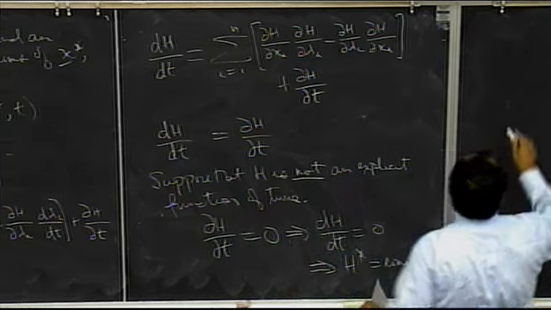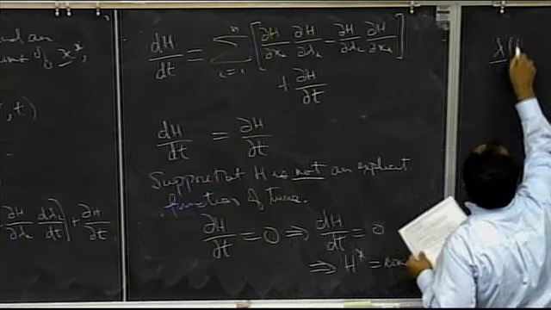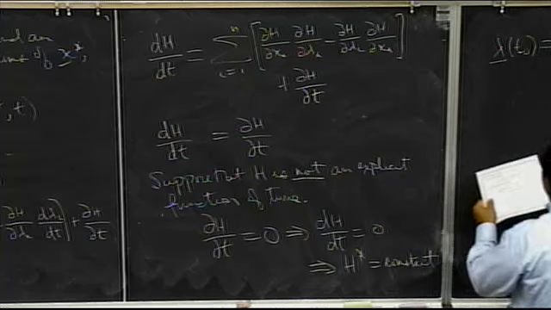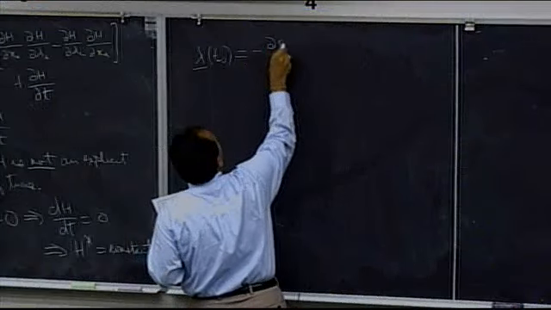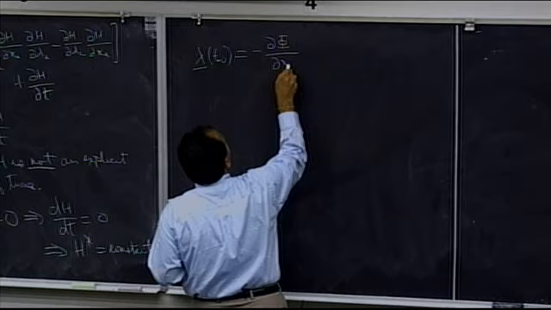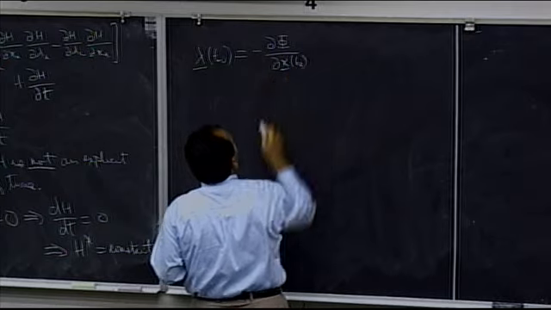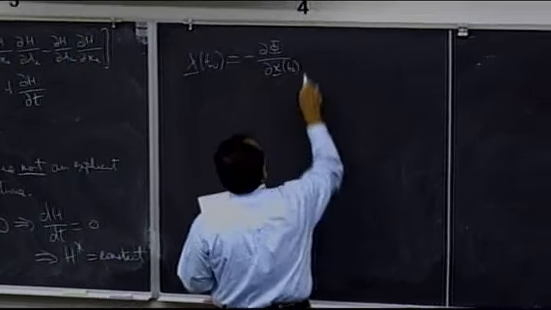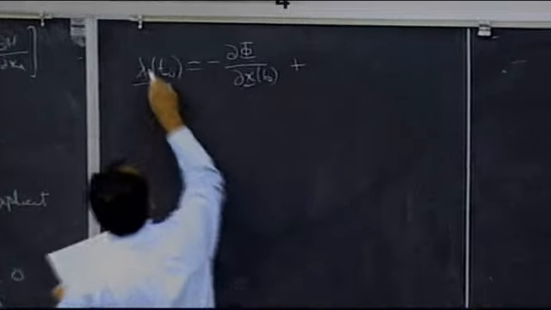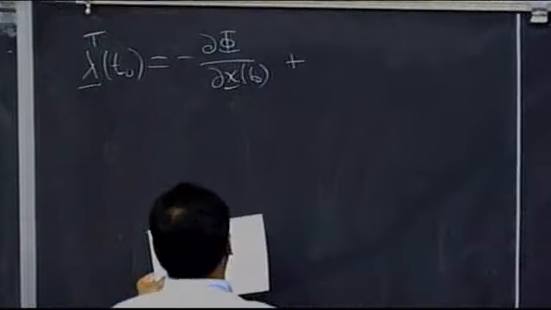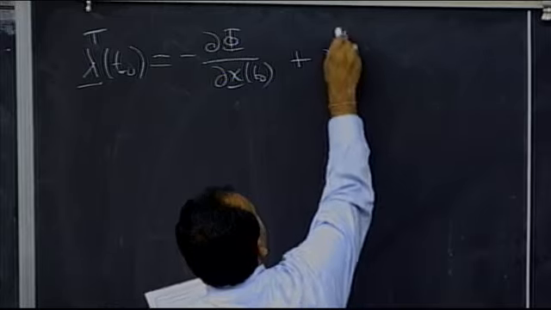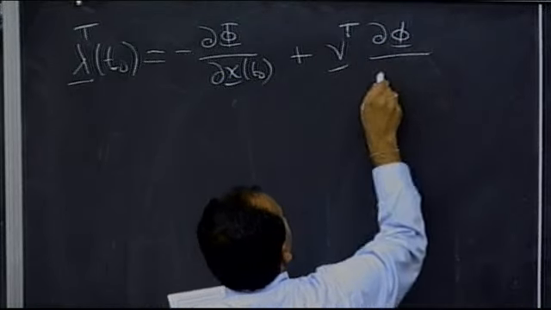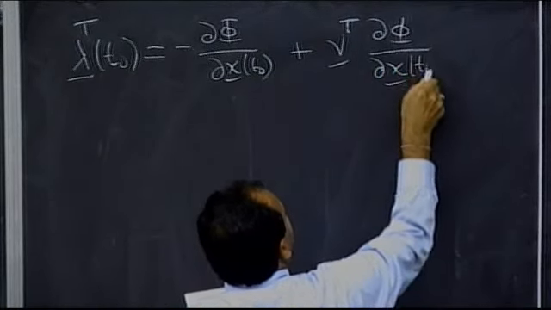But we remember that lambda of t0 transpose is equal to minus the partial of phi with respect to x at t0, and then plus nu transpose times the partial of little phi with respect to x at t0.